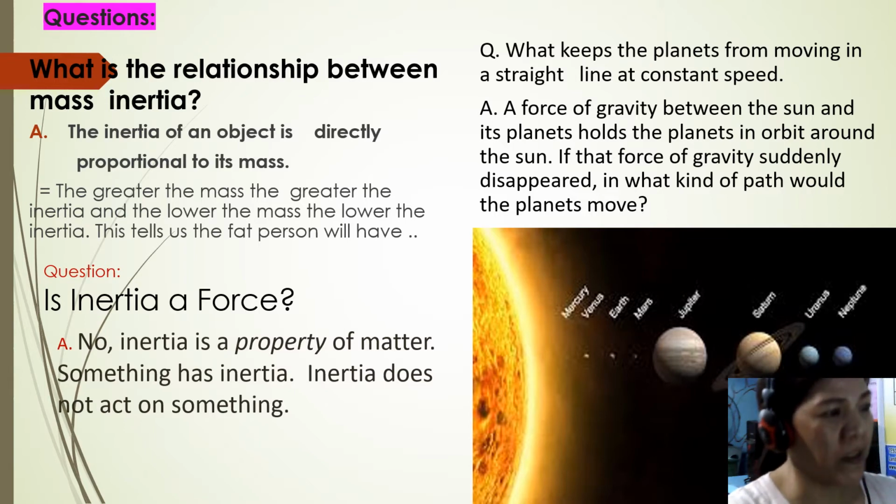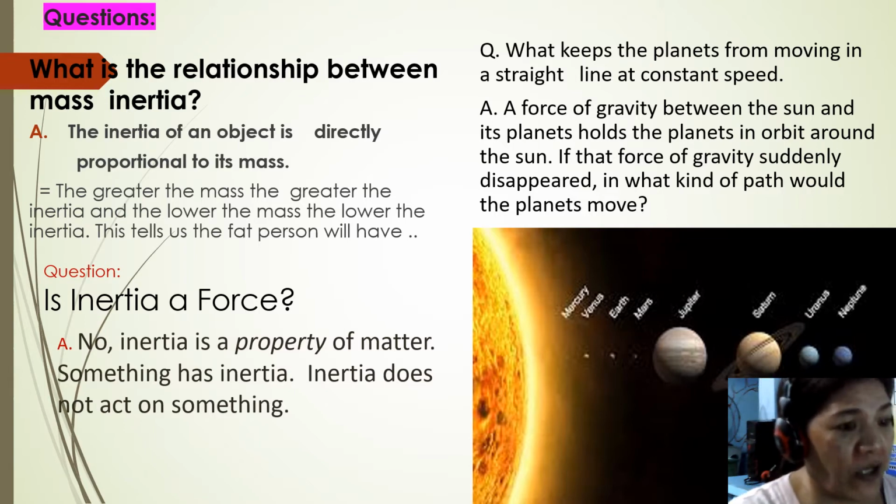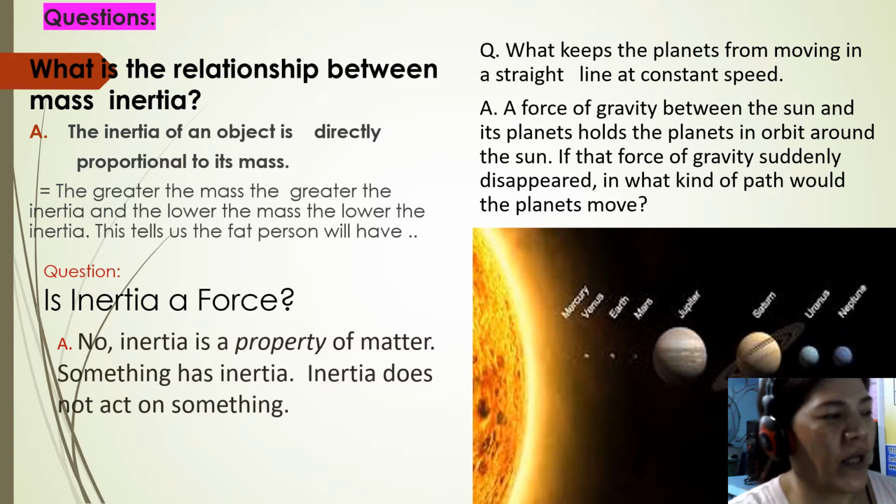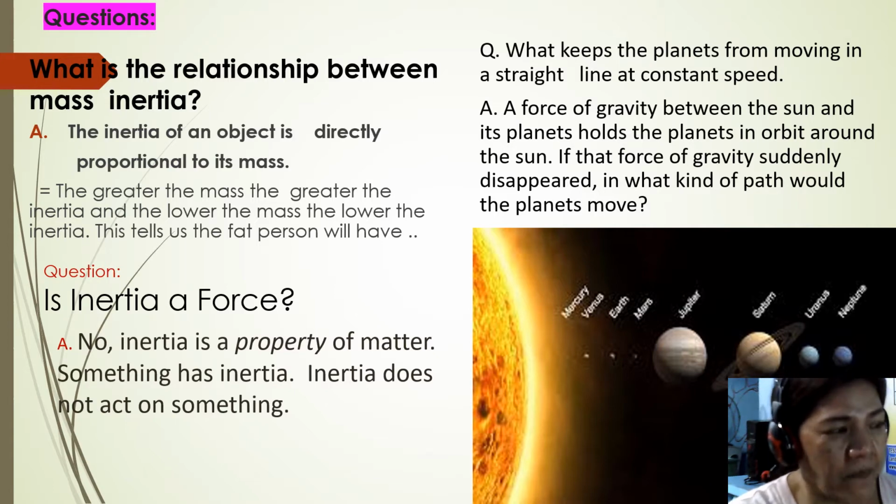And the lower the mass, the lower the inertia. Okay, so is inertia a force? No, inertia is not a force, but inertia is a property of matter. Inertia does not act on something, but it is the force that acts on something or makes an object move.